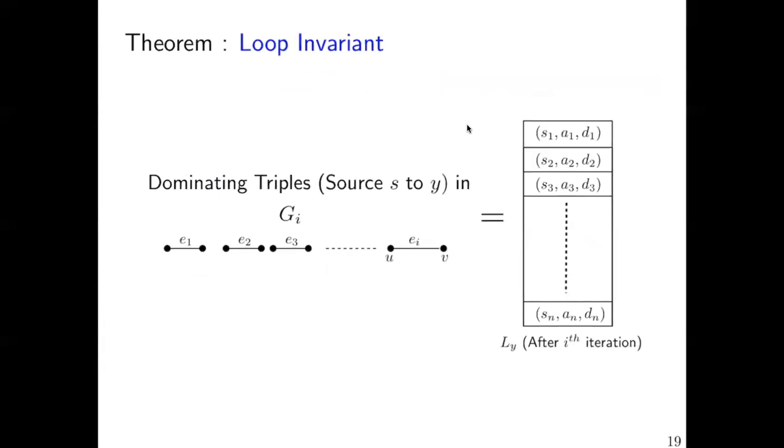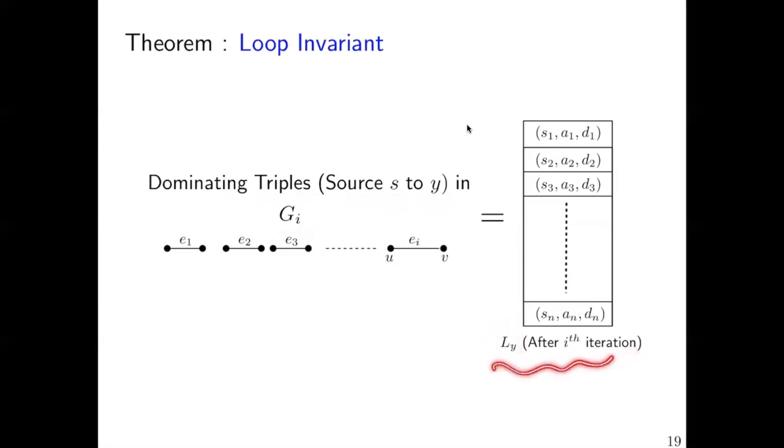This is one of our major theorems, which acts as a loop invariant for our algorithm. As per this theorem, G_i is the graph formed on the first i edges. Now we look at the dominating triples. All dominating triples in G_i from source vertex S to any arbitrary vertex are precisely stored in L_v after the i-th iteration gets over.